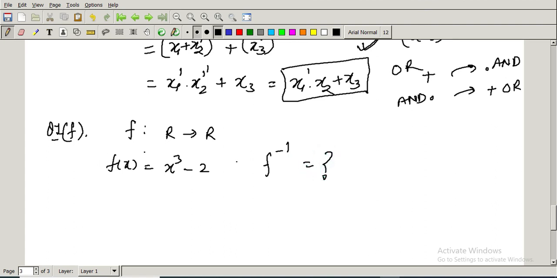To prove that f inverse exists, first we have to prove whether it is bijective or not.